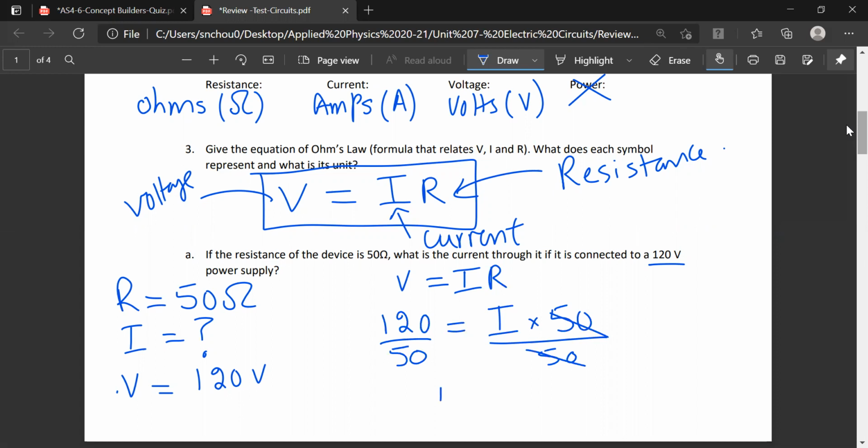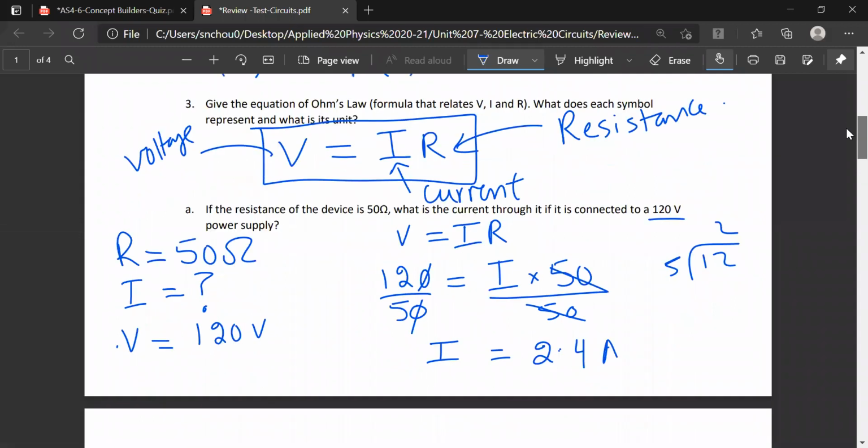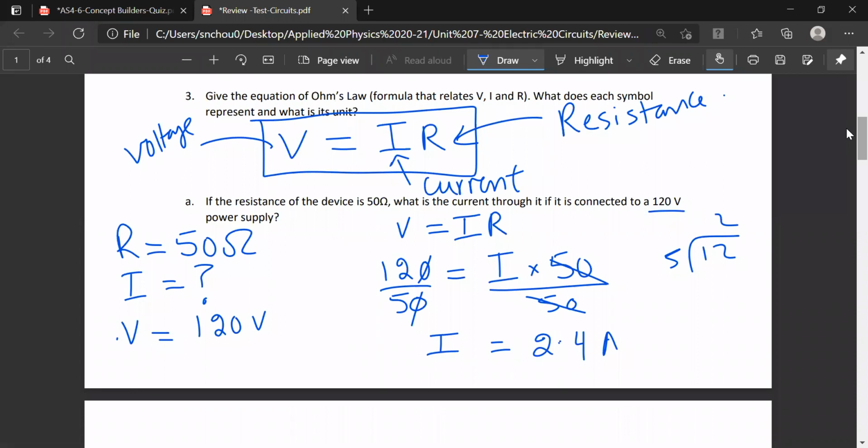Flip the equation so that I is 12 divided by 5. What is 12 divided by 5? 2.4, right? 2.4, that's good. Amps.